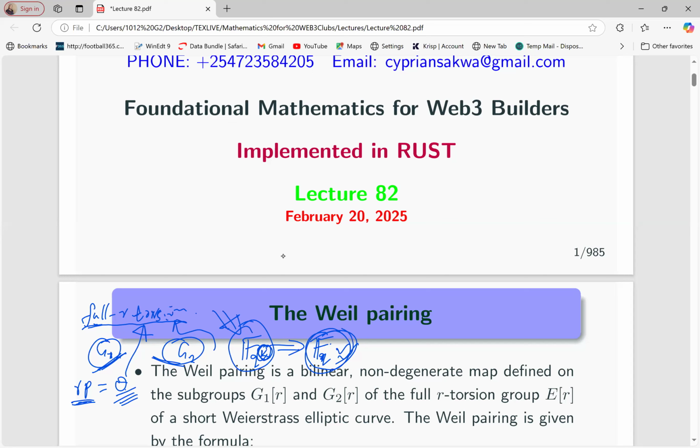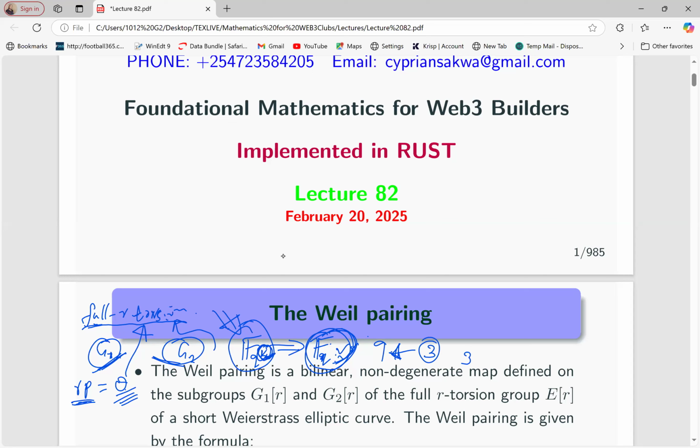How many elements does the elliptic curve on this field have? If the elliptic curve on this field has 9 elements, we would then get the divisors of these 9. For this case, only 3 is a prime divisor of 9. So this prime divisor 3 would then assist us to get K.